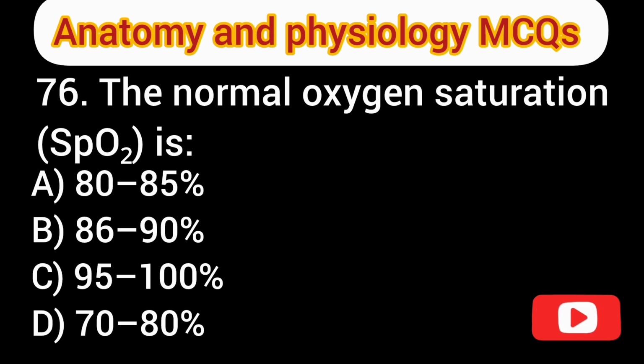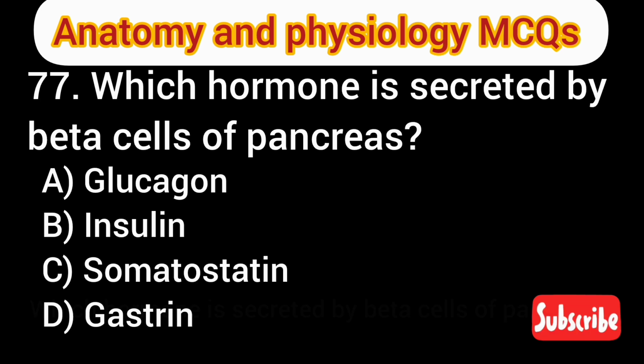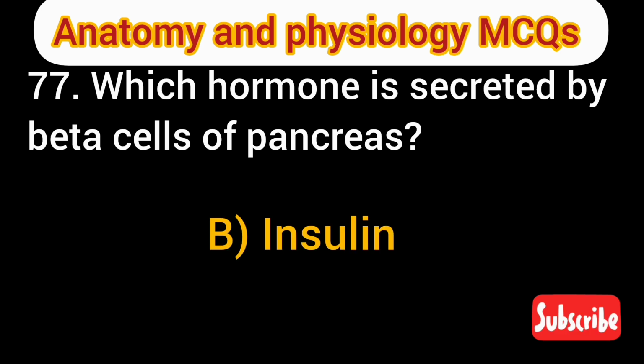The normal oxygen saturation, SpO2, is 95 to 100%. Which hormone is secreted by beta cells of pancreas? Insulin.